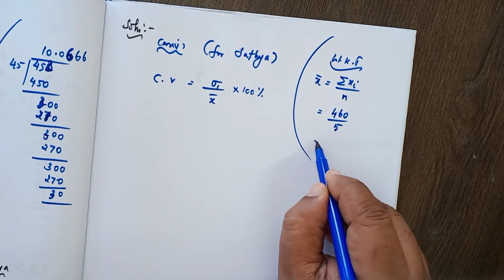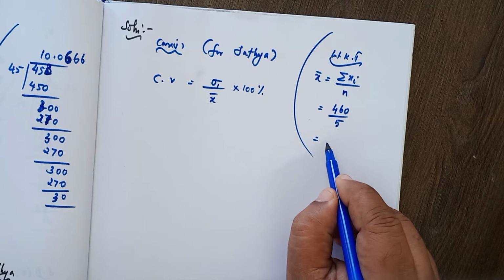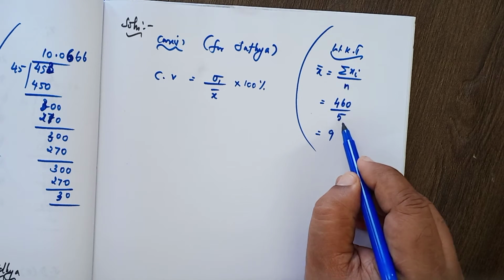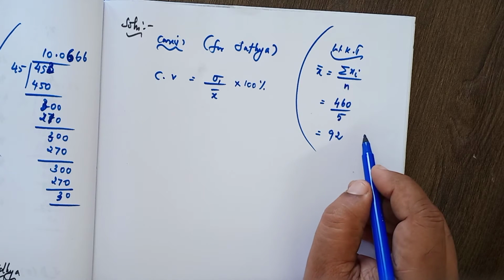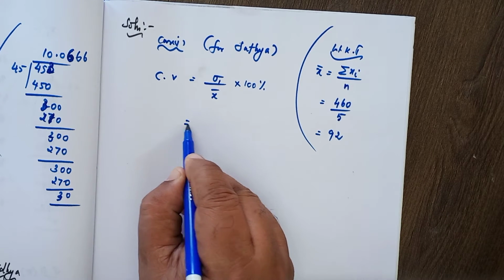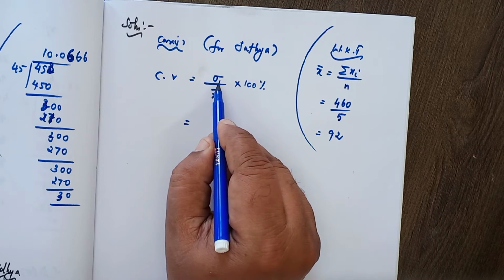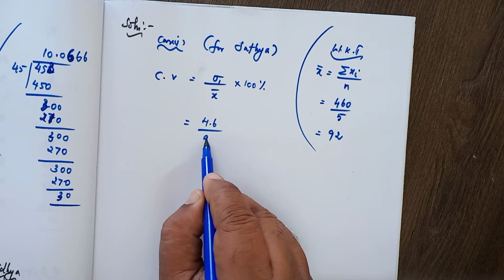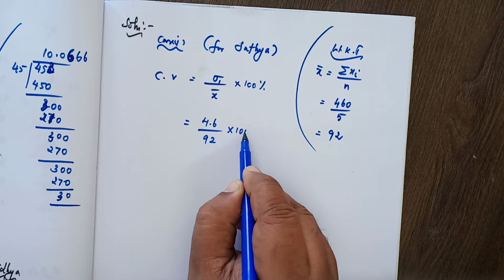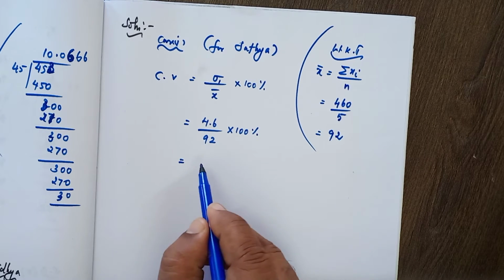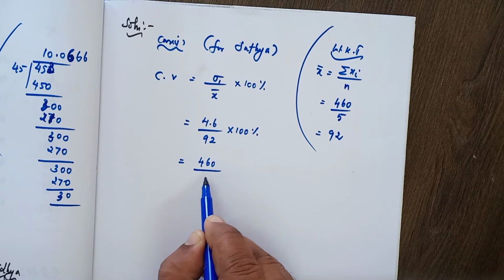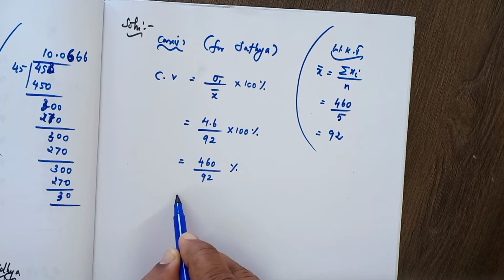Now I have to divide. If we divide, 5 9s are 45, balance 1 is 10, so 2 times, 92. That is the arithmetic mean. Now we can substitute. Sigma 1 is given, that is 4.6 divided by x bar, that is 92, into 100%, equals 4.6 into 100, that is 460 divided by 92%.